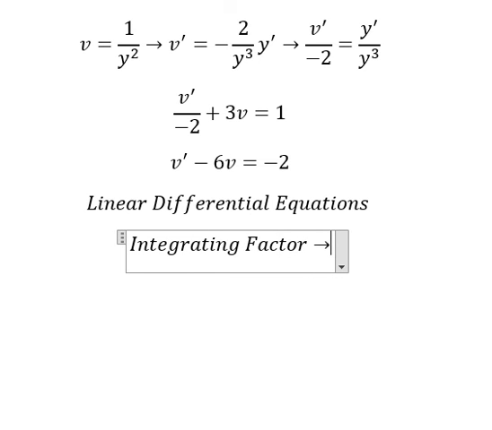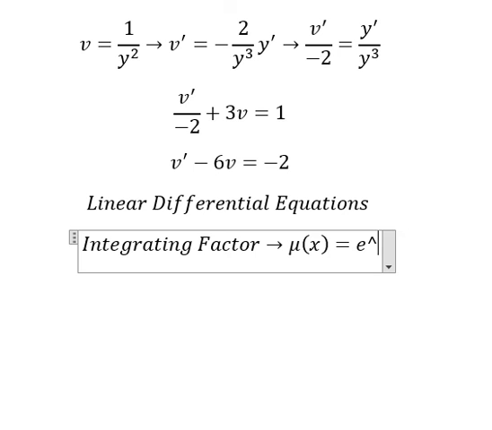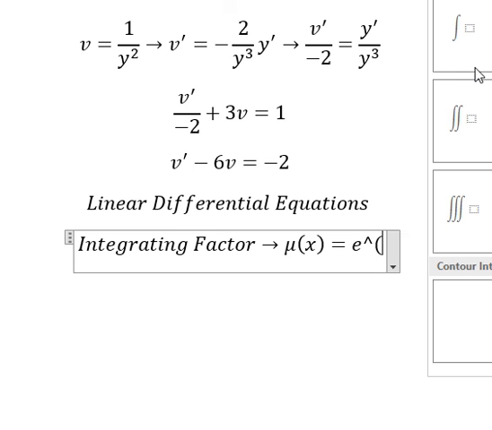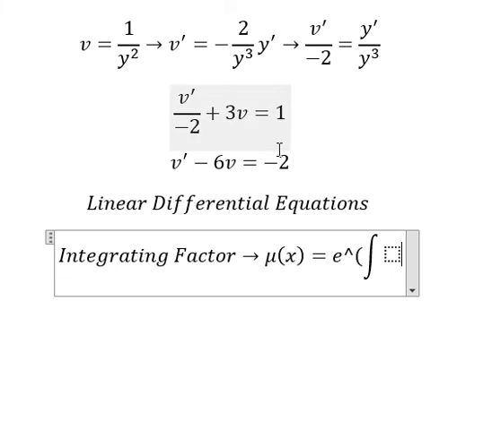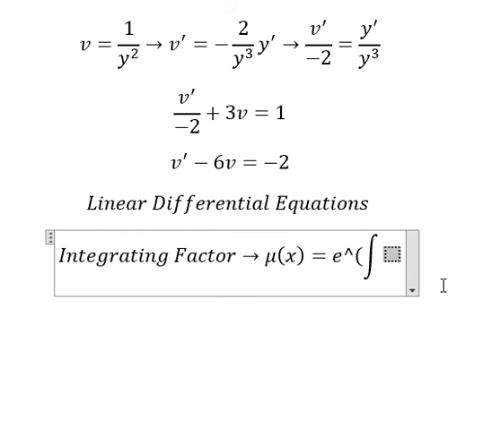So we can use an integrating factor. We need to find mu of x equals e to the power of the integration. So we can see that negative number 6 is next to v. This is for the integrating factor, and I will put this one here.